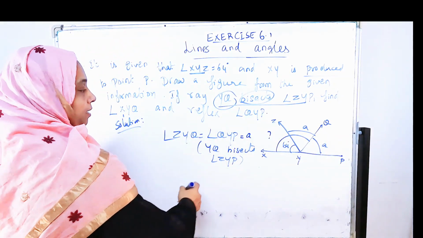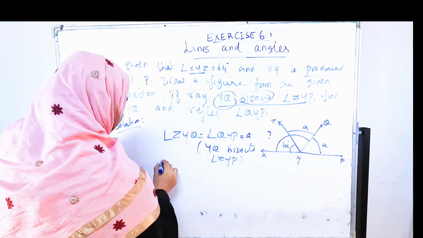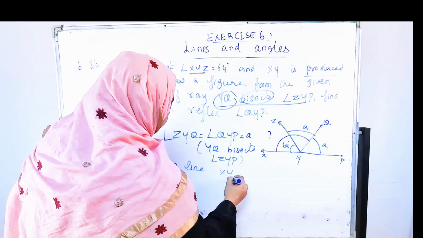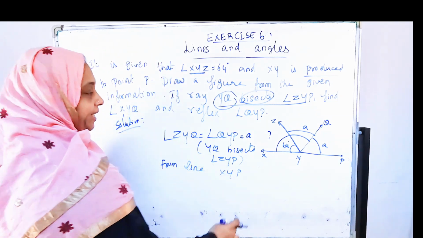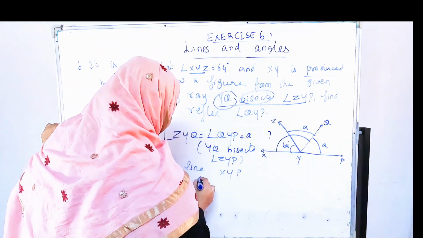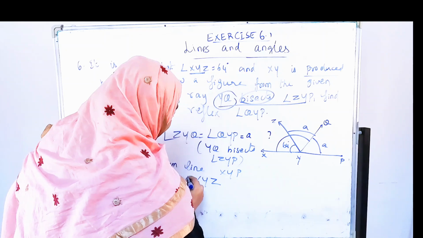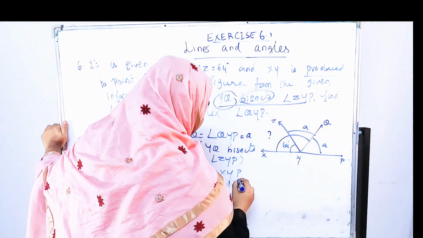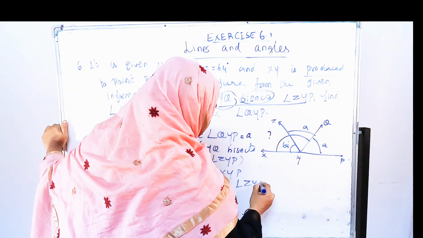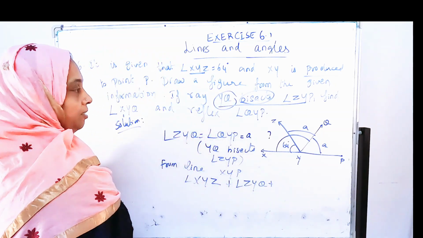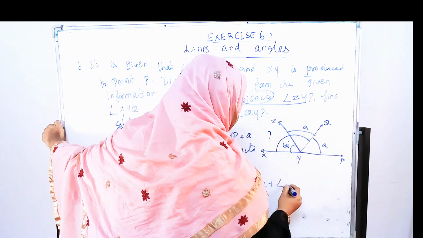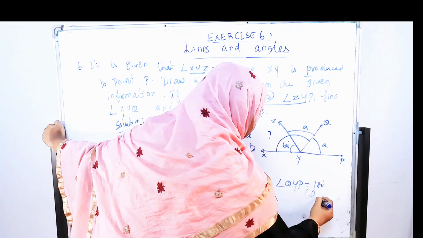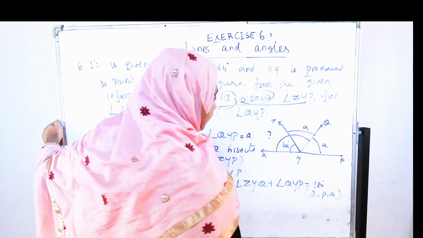Now from line XYP, we take angle XYZ plus angle ZYQ plus angle QYP is equal to 180 degrees, a linear pair of angles.